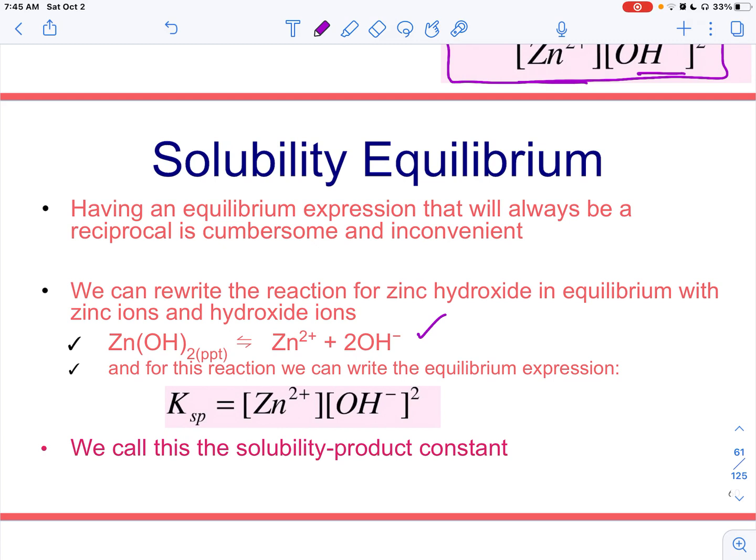Okay, so our Ksp would just be the 2 ions, just like you would expect. And if you wanted to write them over 1 just to show that you have a solid on the reactant side, you can do that, but that seems kind of silly. So Ksp would just be this. Okay, we write Ksp and not Kc because we changed the reaction. We flipped it.